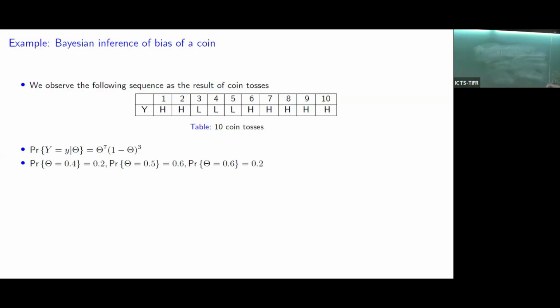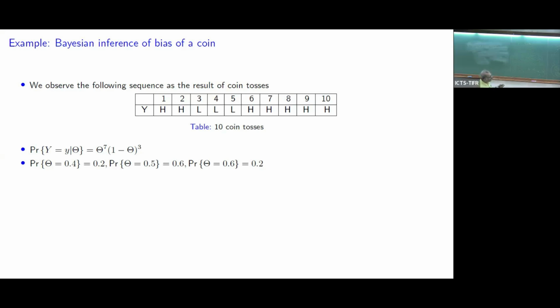Now, I start with this inference problem. What I do is start with a prior belief on my theta. I am going to believe that my theta is either 0.4 or 0.5 or 0.6, and these are the beliefs that I associate with it.